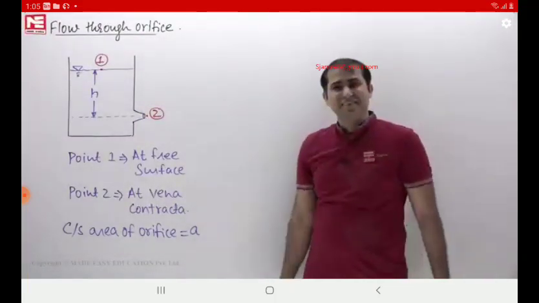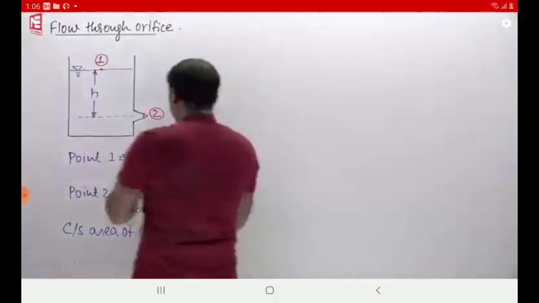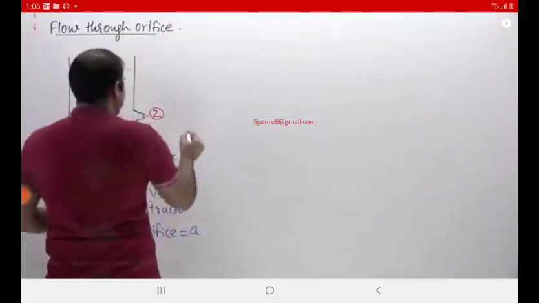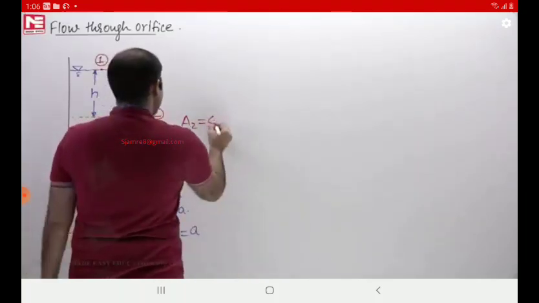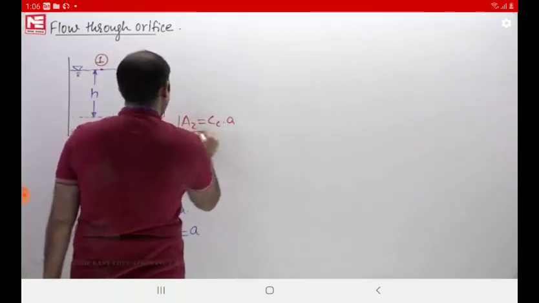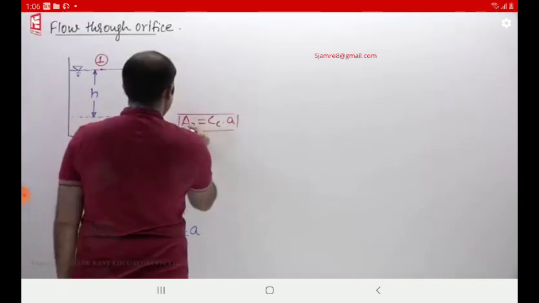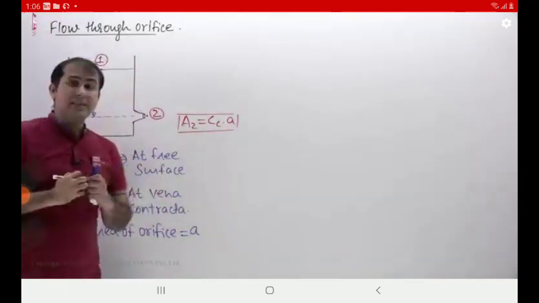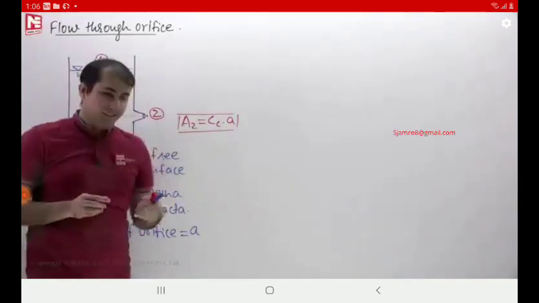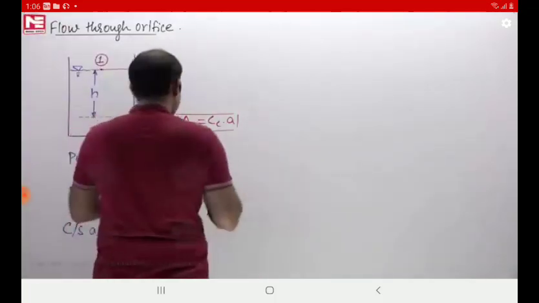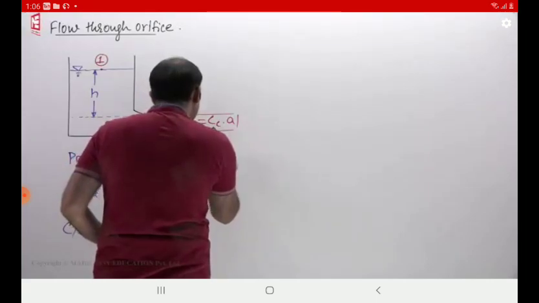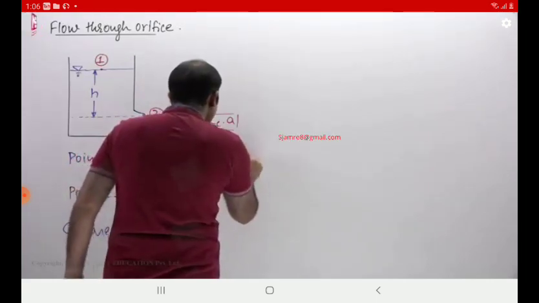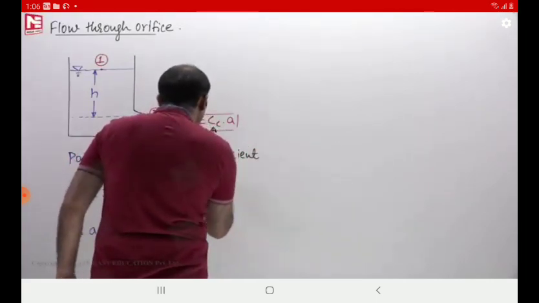CC. So A2 is equal to CC times A, where CC is the coefficient of contraction.